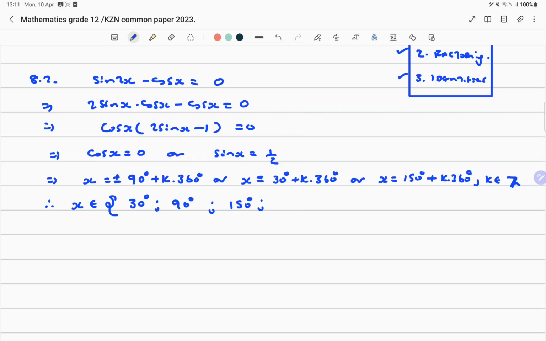And then now when k is 1, what happens? Remember, this is a plus or minus. When k is 1, we're going to have 360 minus 90 there, which is going to give us 270. Okay, so that's fine, we're getting 270. So we have 270 here as well. And then the others don't work out.